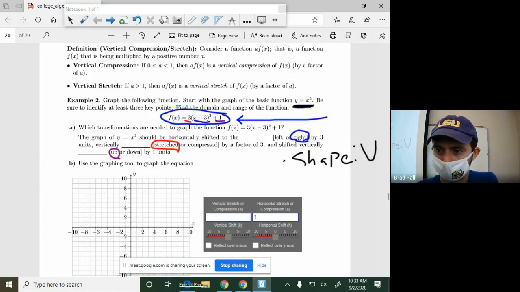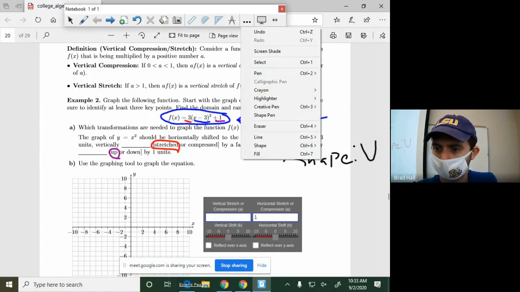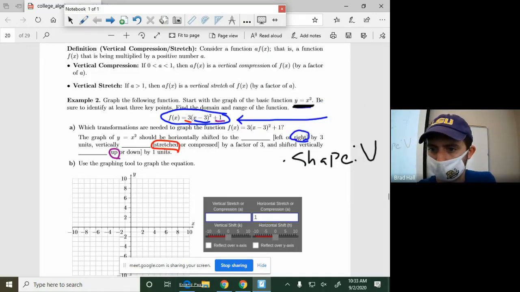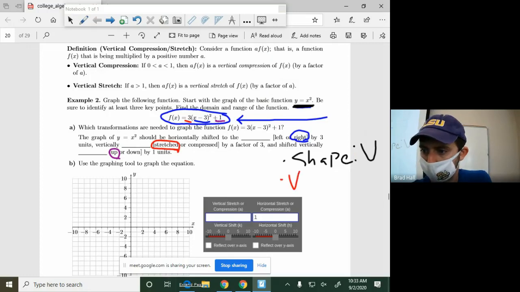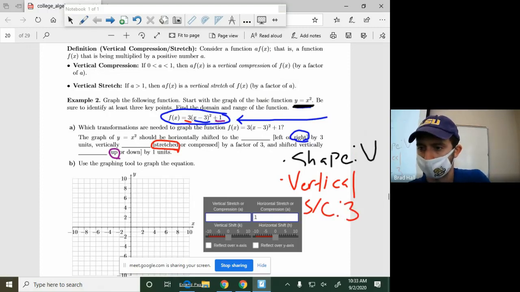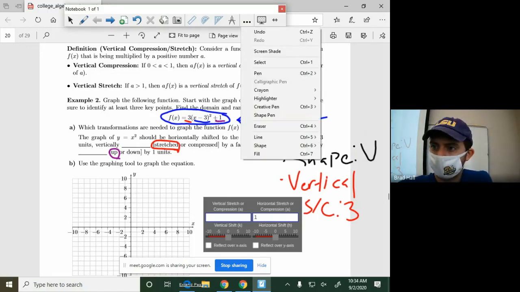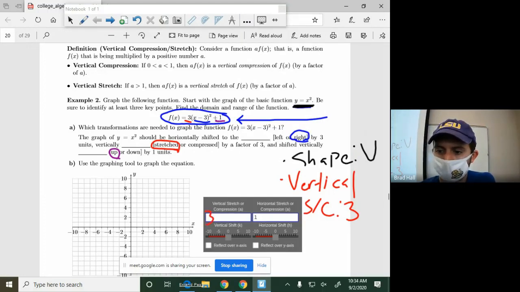So let's see. For the vertical stretch, I did red. So I circled stretched in red. So vertical stretch compression, we found 3 for that one. It's stretched by a factor of 3, as we circled in red. So that 3 would go right there.